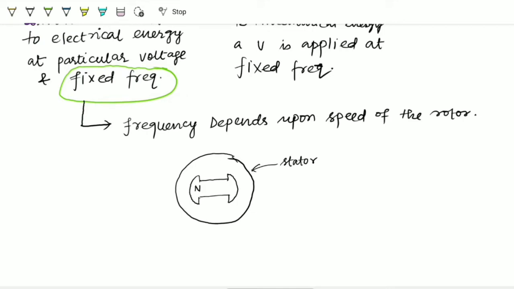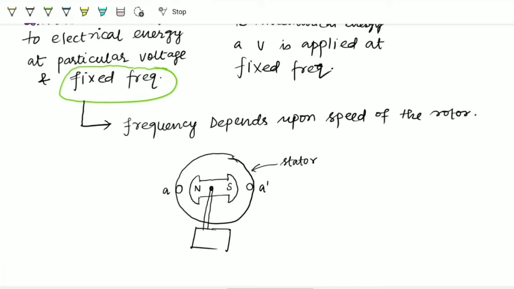Let this simple synchronous generator have two poles, namely north pole and south pole, and let us consider a single coil of conductor AA dash, and this rotor is being driven by a prime mover.